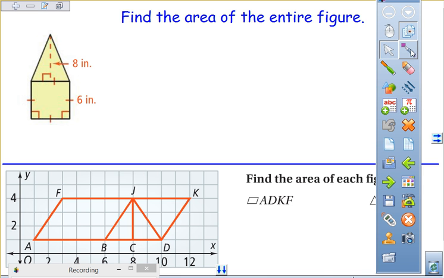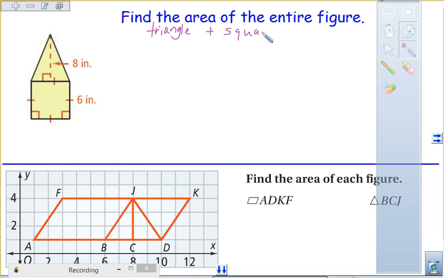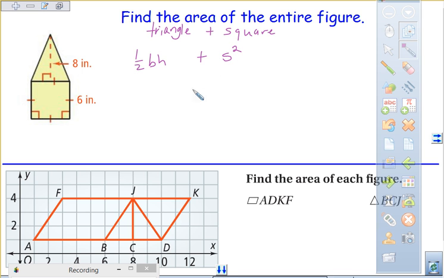Find the area of the entire figure. So on top we have a triangle. And on the bottom we have a square. Area of a triangle is 1/2 base times height. Formula for a square is base times height or side squared. So in our triangle, our base is 6 and our height is 8.